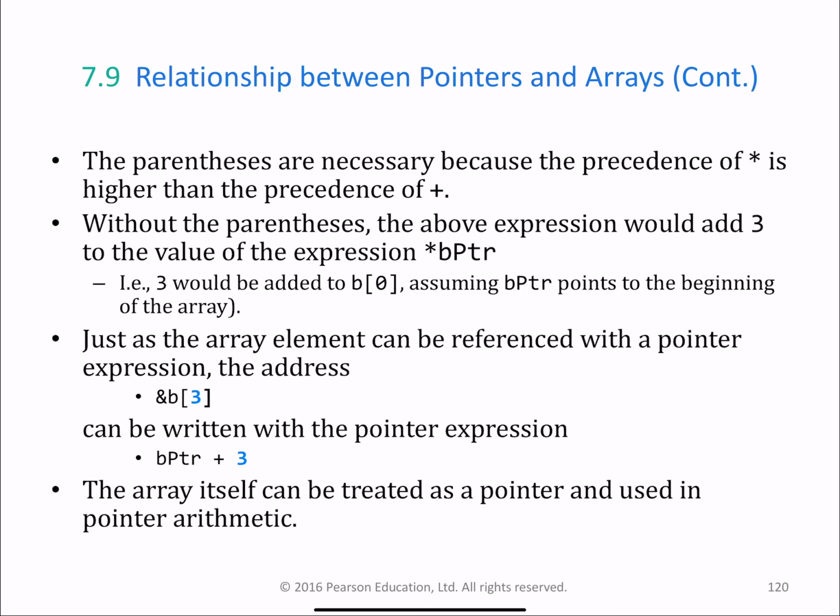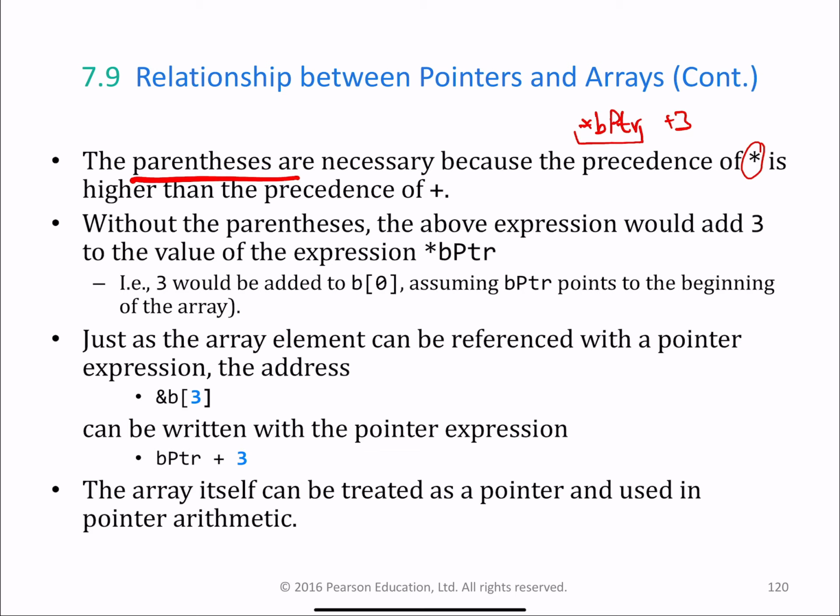And like I said, the parentheses are necessary because if we don't apply the parentheses, the pointer operator will be evaluated first, and that's not what we want to do. So in other words, if we don't use the parentheses, if we do something like this, this will access the 0th element in array B and add 3 to that and show us that.